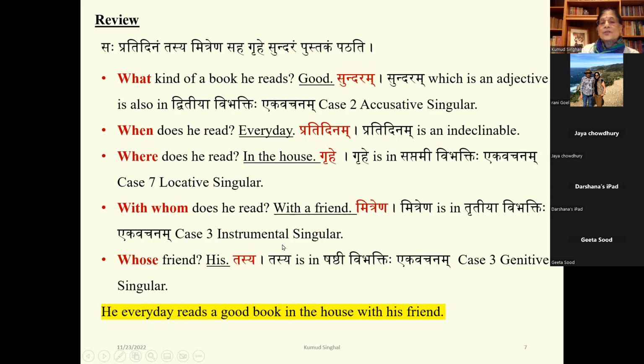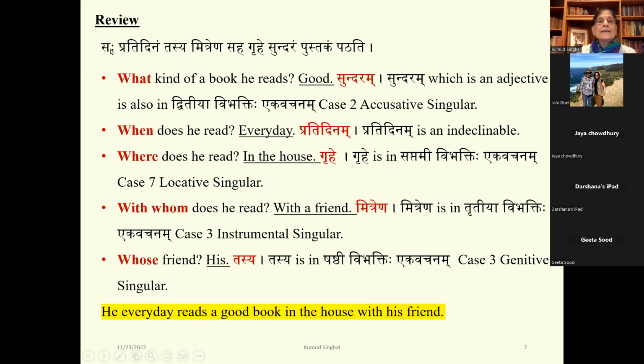Case 3 instrumental singular. Whose friend? His friend. Tasya. So tasya is the relationship with the mitra. So tasya is in shashti vibhaktihi ekavachanam, or case 6 genitive singular.